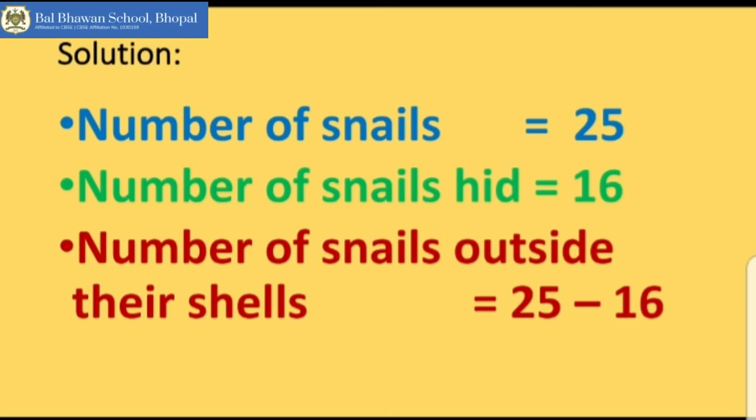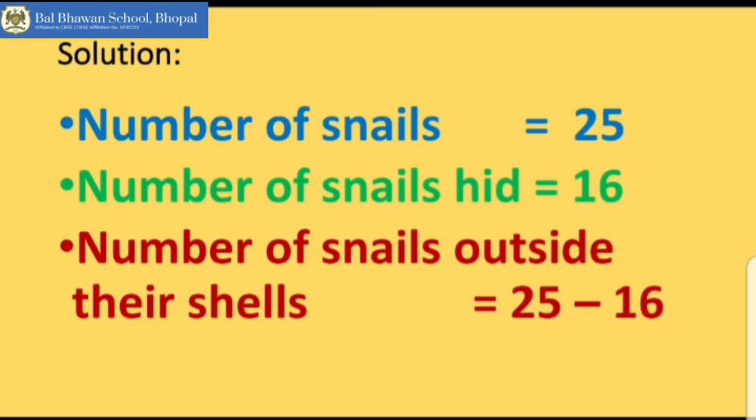Okay, so the first statement is number of snails, that is the total number of snails on the ground. It is 25. Now next, it is number of snails hidden in their shells. Okay, it is 16. And then number of snails outside their shells.